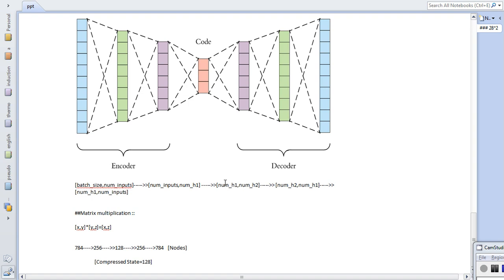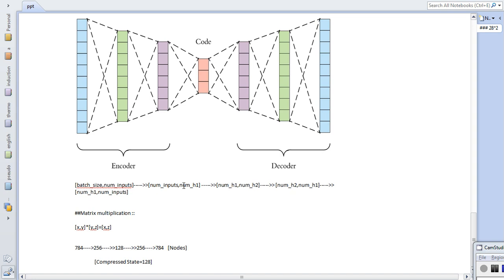Now the second weight matrix starts with num_h1, because in the first weight matrix we have the number of columns as num_h1. So you just have to focus on the second element of the first matrix and the first element of the next matrix.